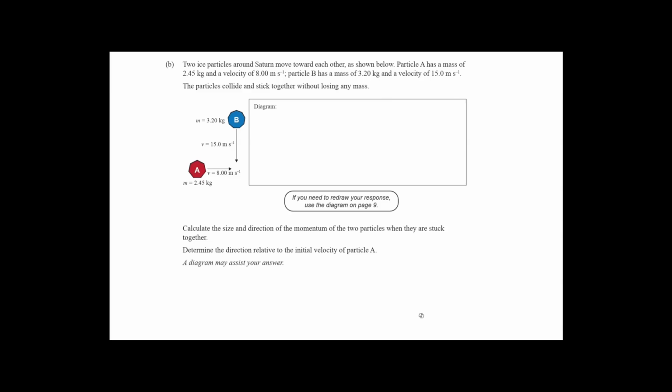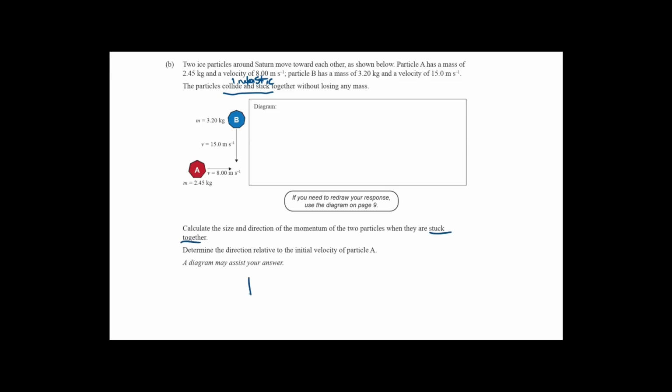The particles collide and stick together, so it's perfectly inelastic, which means we need to use momentum in order to do it. You can lose kinetic energy in a perfectly inelastic collision. You can't make or destroy energy, but you can lose kinetic energy into a different form. Calculate the size and direction of the momentum of the two particles when they stick together.